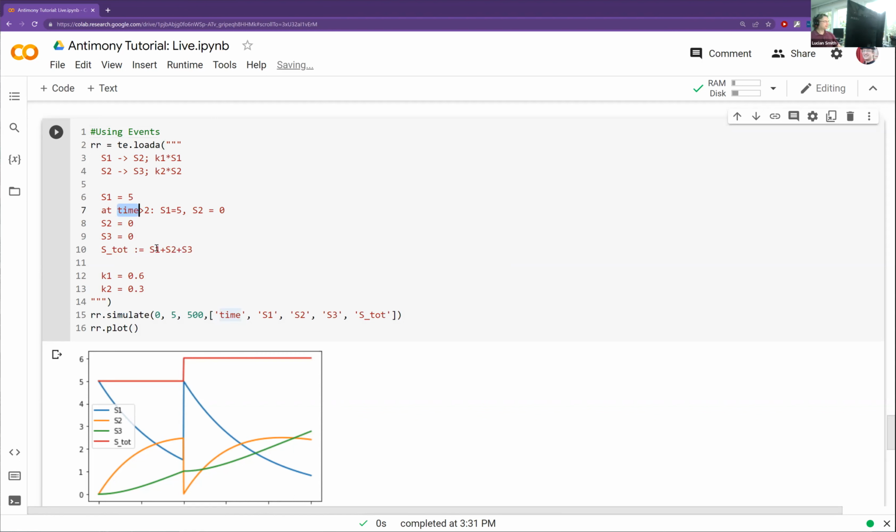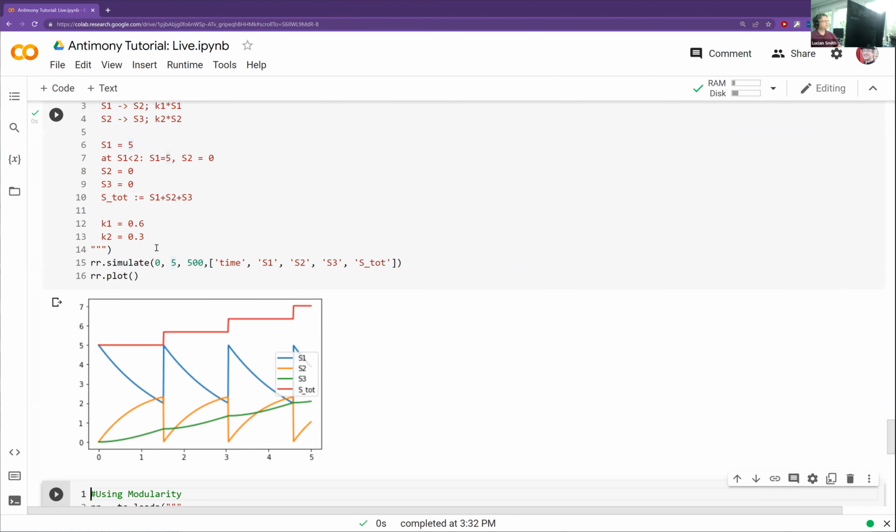So instead of at time equals 2, we'll say that at S1 is less than 2, and we'll do the same thing. Sure, why not everything, right? So now every time S1 goes below 2, then S1 and S2 are reset to 5 and 0. And then the same thing happens again and again.